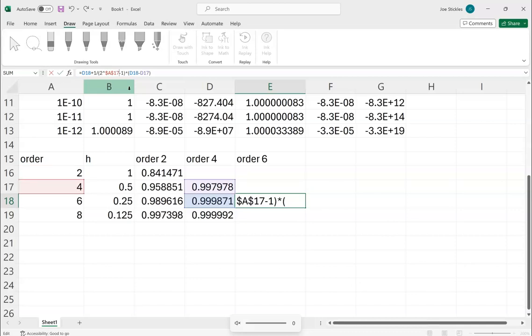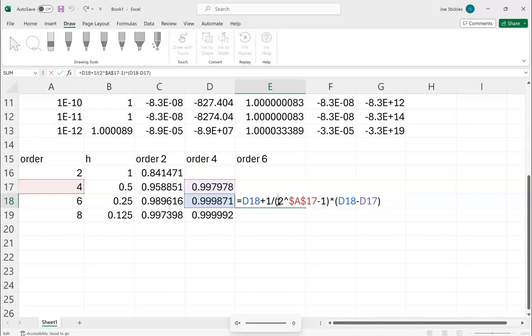But the formula is exactly the same. It's new plus 1 over 2 to the order minus 1 times new minus old. All I did was go in and edit the formula and change what the order was.